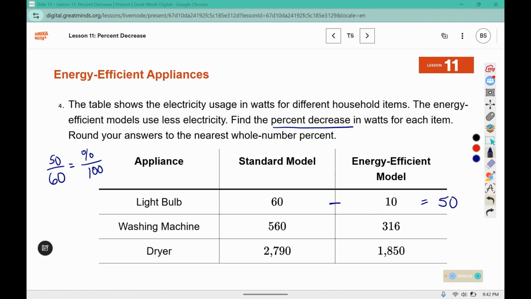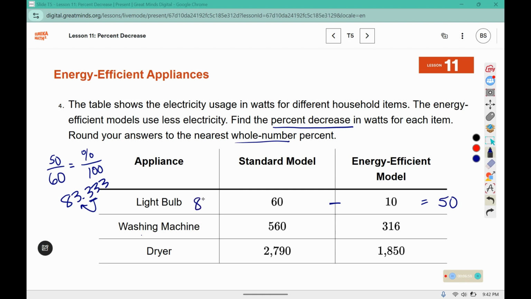So 50 times 100 divided by 60 is 83.333%, but it says to round to a whole number. The 3, since it's below 5, means the 3 in front of it gets to stay the same.